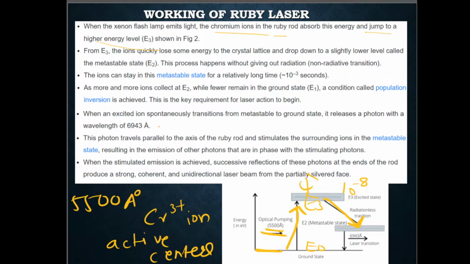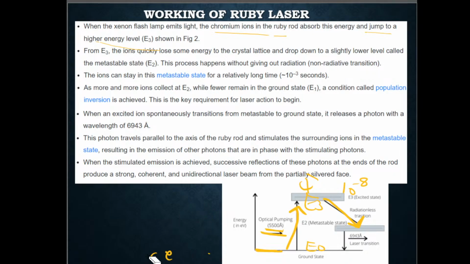And now we know that we require a metastable state. For what? Does anyone know for what we are using that metastable state? Guys, give me a little answer. We covered it in the last lecture. Why do we require a metastable state?